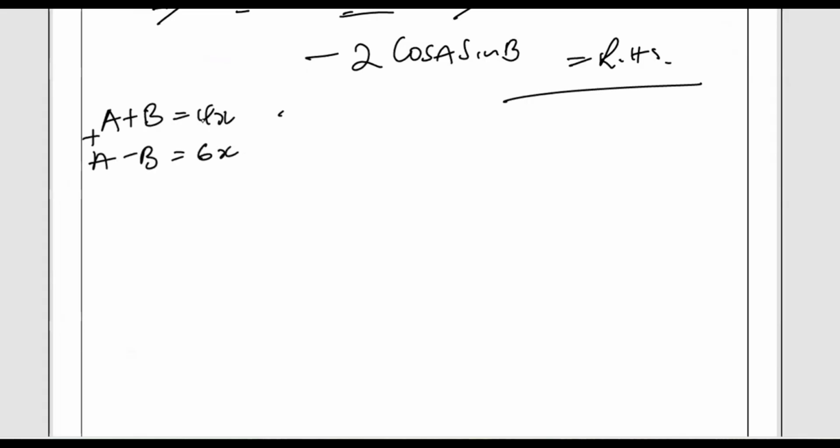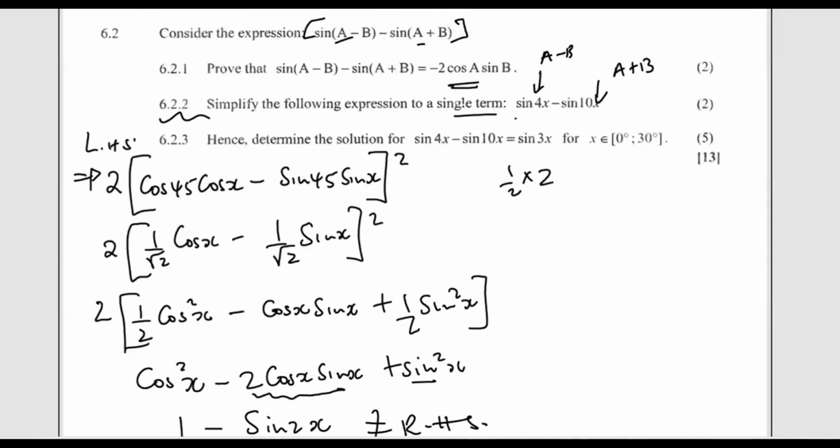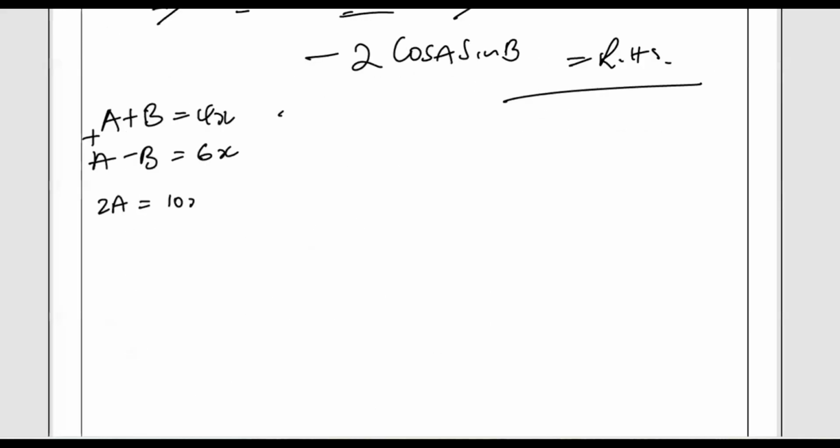If I add these two equations, twice a is... are those numbers correct? We said 4 and 10. Why am I saying 6? Twice a is 14x, which means that a is 7x, and then b is definitely 3x.